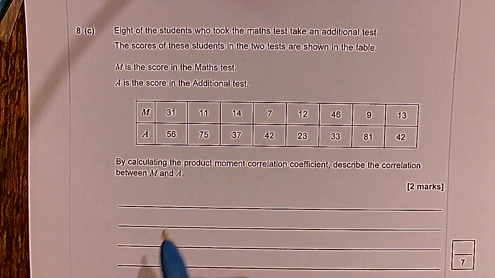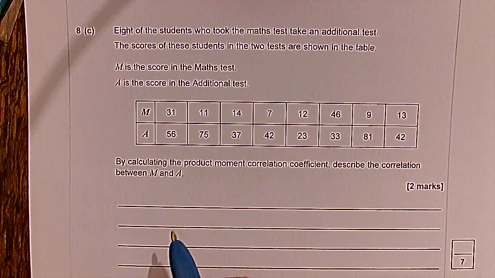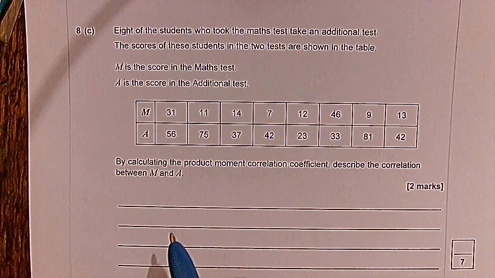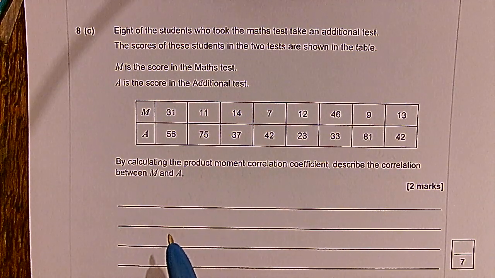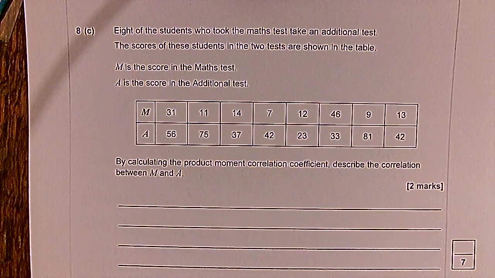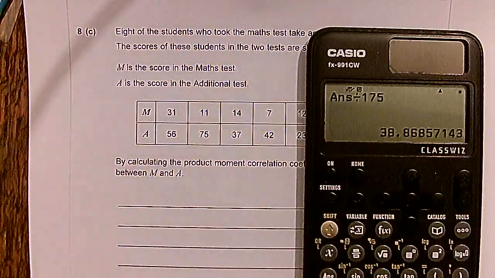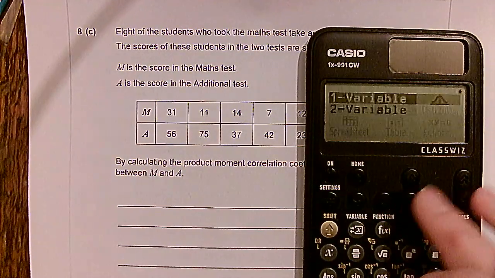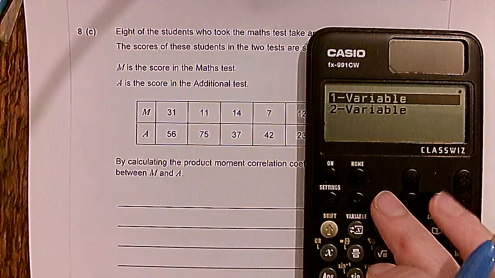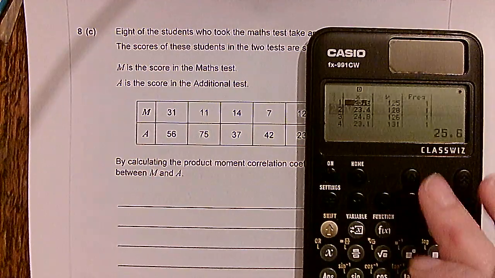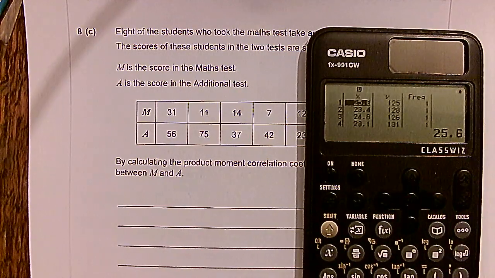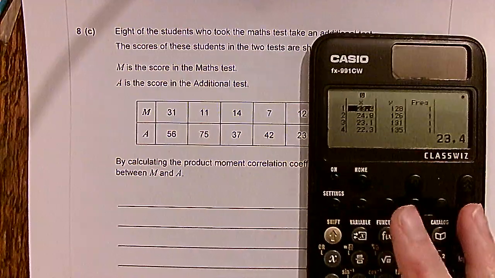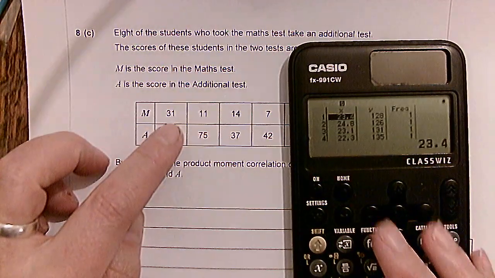8 students who took this test take an additional test. And we're going to do a product moment correlation coefficient. Okay, I'm going to need my calculator for this. Right, home, statistics mode. I have 2 variables. I also have a load of data that's already in there, but I will delete anything that I don't overwrite.